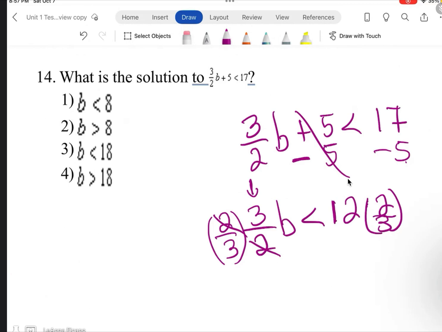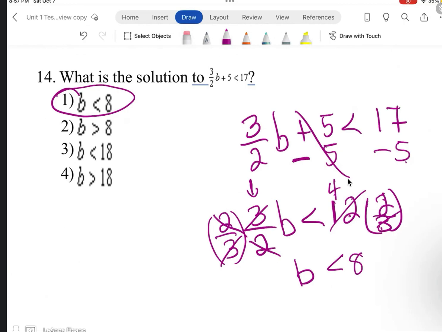So this cancels out. Now, 3 actually goes into 12, so if you're really fancy with fractions, you don't have to multiply 12 times 2 and then divide by 3. You can turn that 12 into 4. 4 times 2 is 8. So b is less than 8 is your answer.